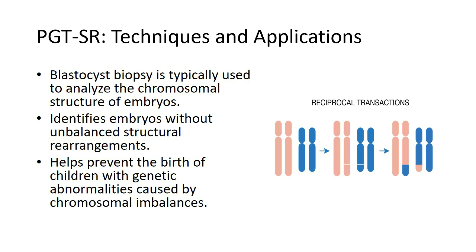Fertility preservation. Couples with known chromosomal rearrangements can use PGT-SR to select the best embryos for transfer, avoiding the risk of producing embryos with unbalanced genetic material that may result in severe genetic disorders.